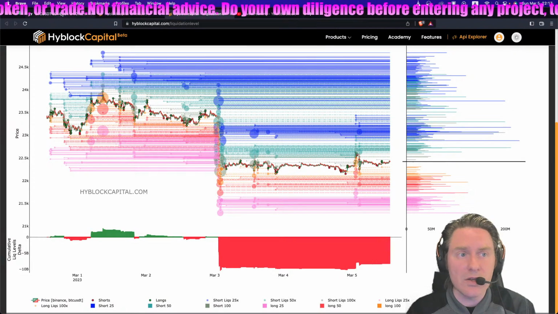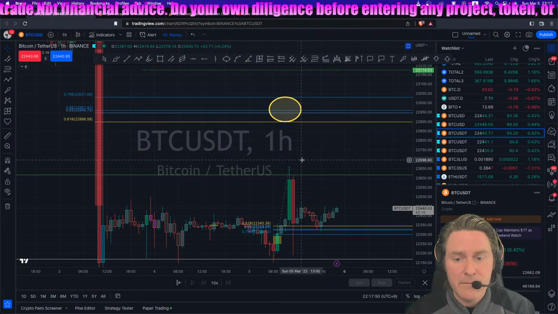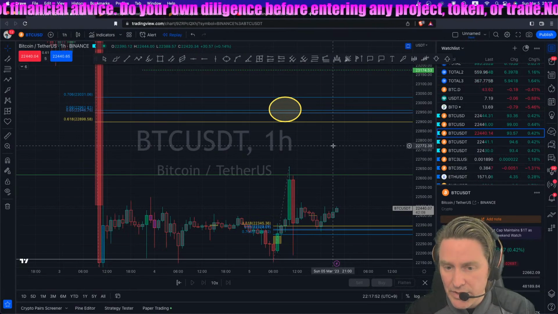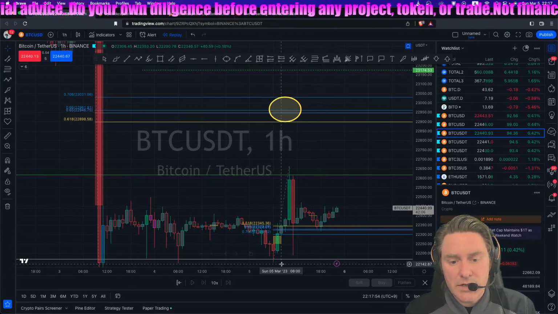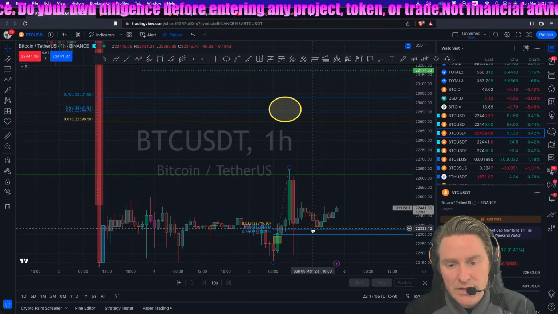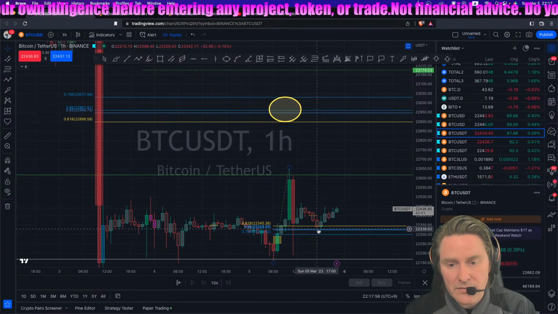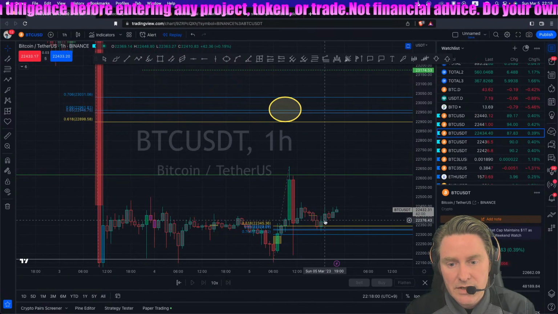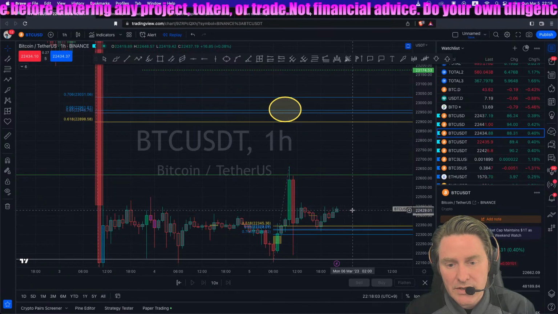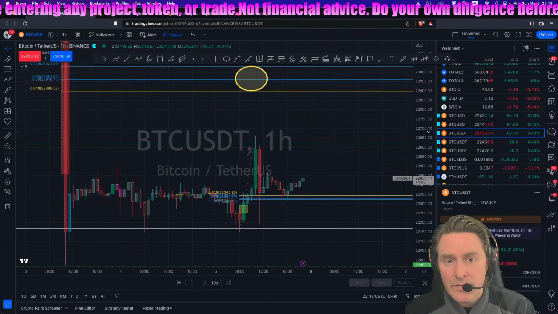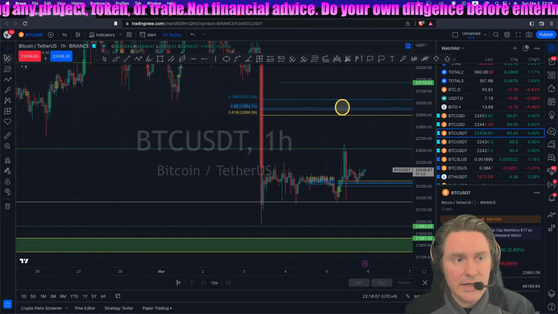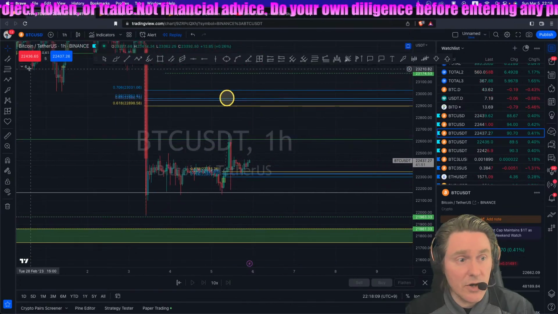So it's all connected in this weird miasmic yet concrete way. Seeing these bouncing zones at the 618 golden pocket region is a way to find another entry that's clear.